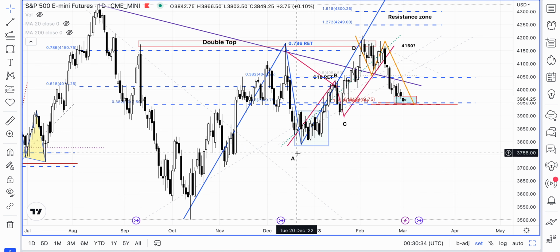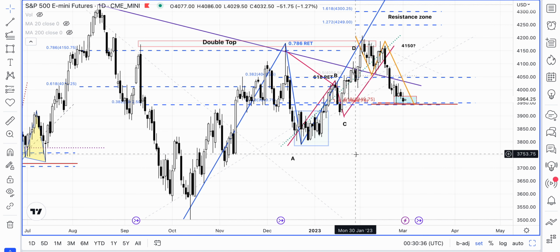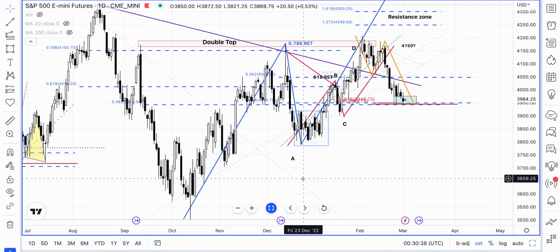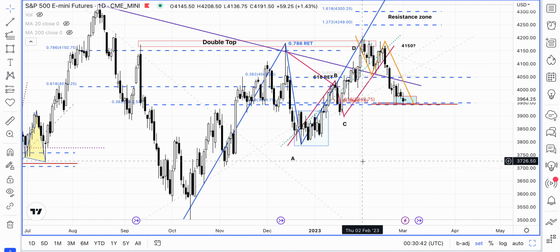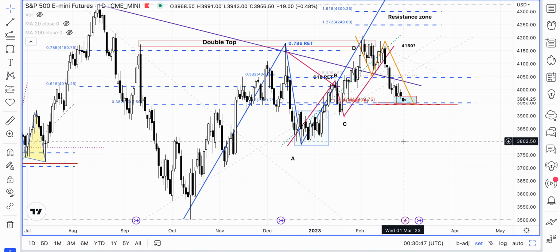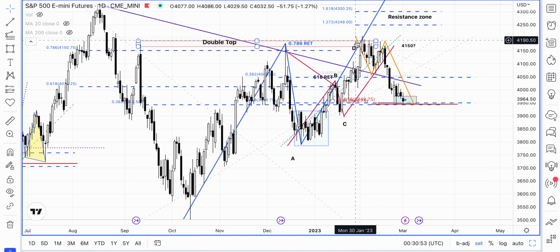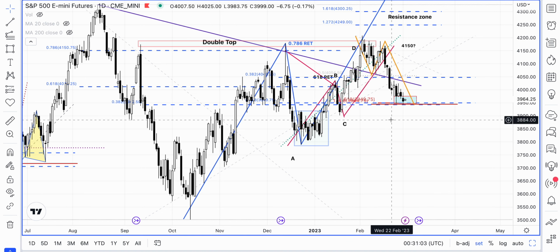Also, it is the 61.8% Fibonacci retracement of the lows formed on 22nd of December 2022 to the highs of 2nd of February 2023. Also, something which we rarely take a look at, it is an extension of our ABCD 1-to-1 move, which we essentially look at all the time, and that level also comes around here.